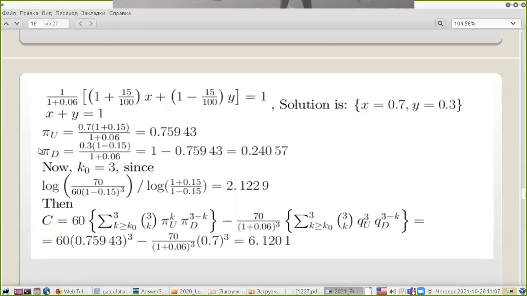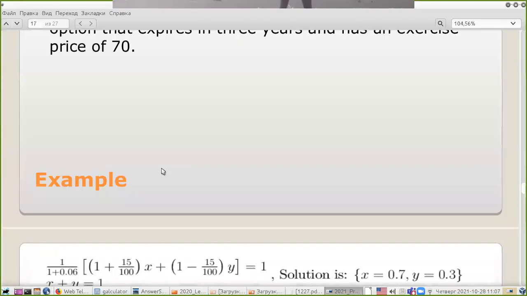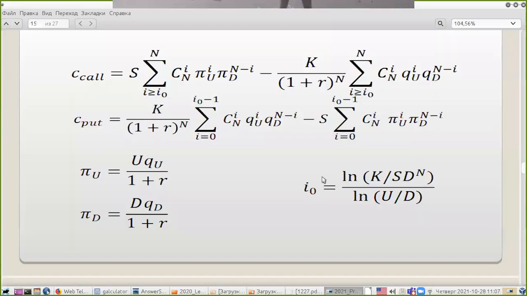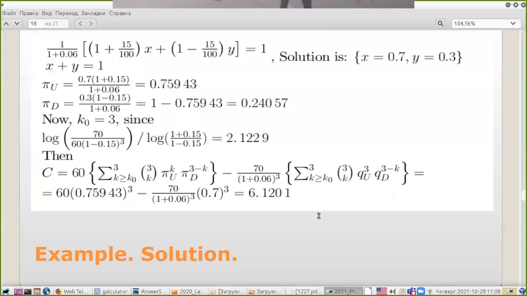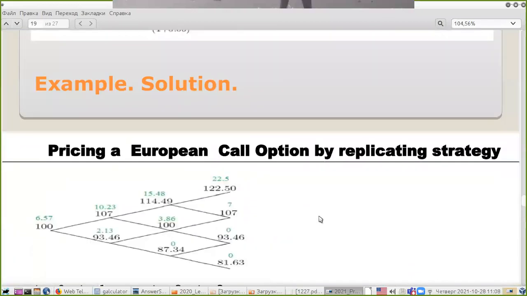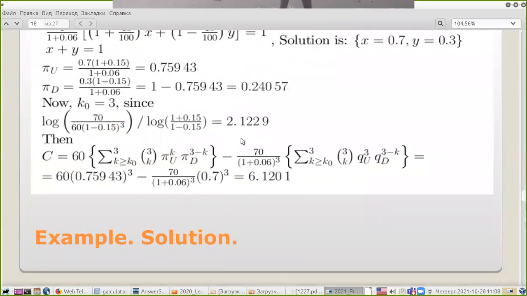After that we compute P_U, P_D. After that the index K0 according to this formula, and you see that it is 2.19, but we need an integer value more than this, so it will be 3. And after that we substitute in the Cox-Ross-Rubinstein formula. Have you any questions?